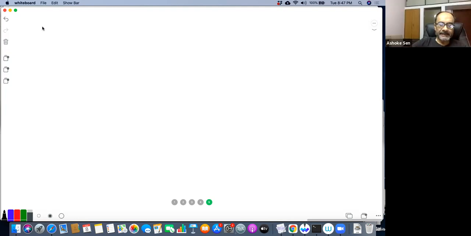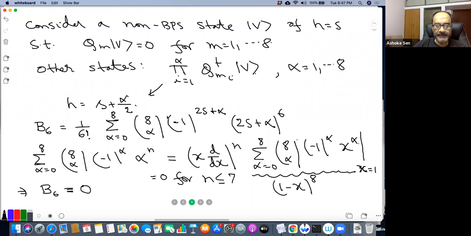Okay, so then this is the reason why the B6 acts like a Witten index for these states, and it cannot jump as we move in the moduli space. But let me just review the argument again. We see that the representation that we get from here is a 2 to the 8 dimensional representation, because those are the number of states that we have.